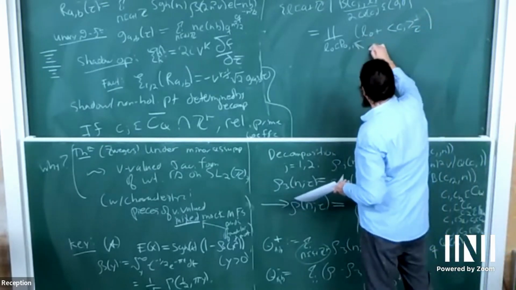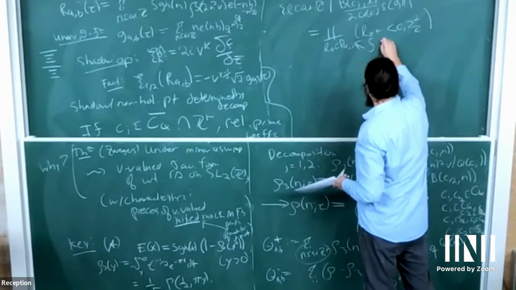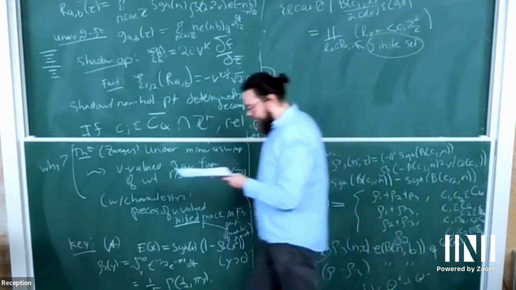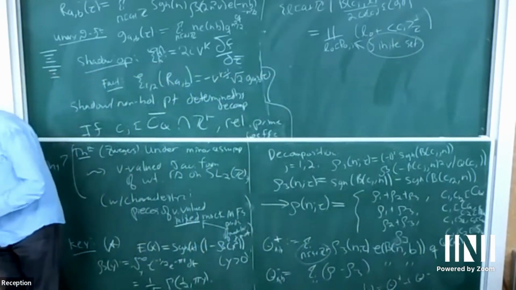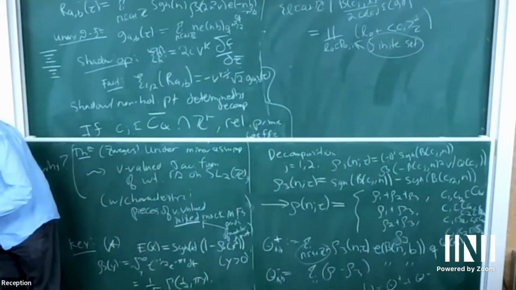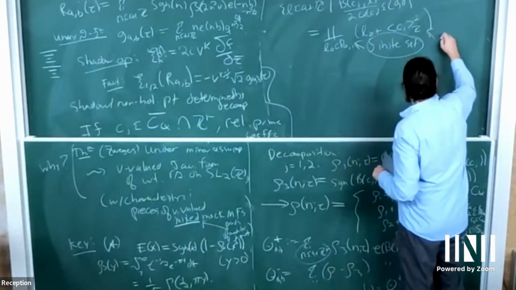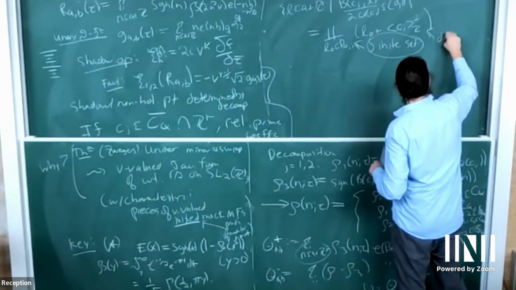The point is that P0j is a computable set, and it's a finite set. And these are dimension 1 smaller.